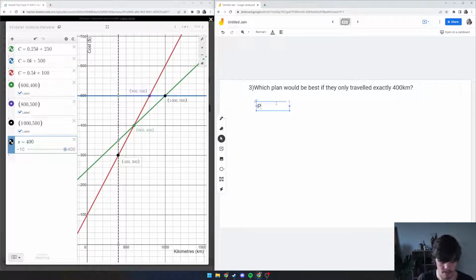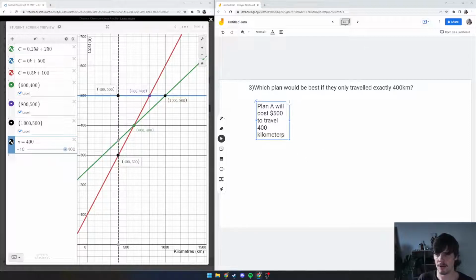Plan A is in blue on my coordinate axes. Plan A will cost how much? For 400 kilometers, that's the first number, it will cost $500. Plan A will cost, in context, $500 to travel 400 kilometers.